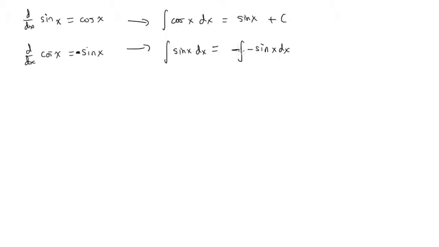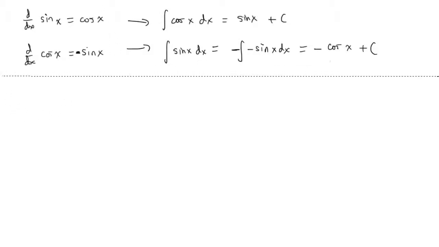So the two negatives cancel, and so that's really just the same as what we started with. And then the integral of minus sine is cosine by what we said over there, and this minus, the one out front, stays put, so we get minus cos x, and then of course our plus c.